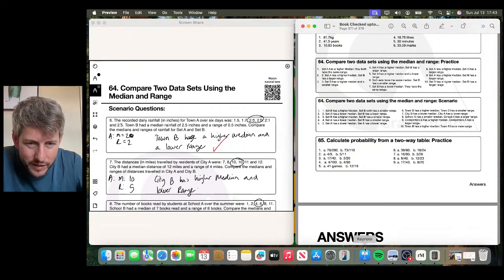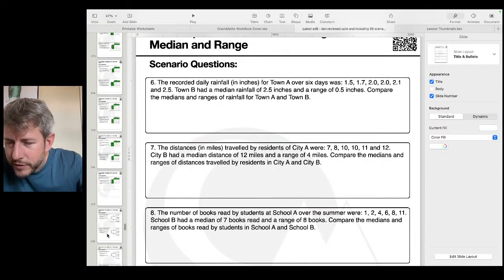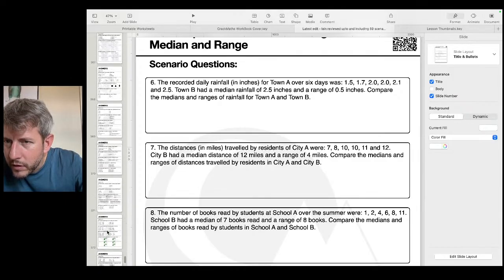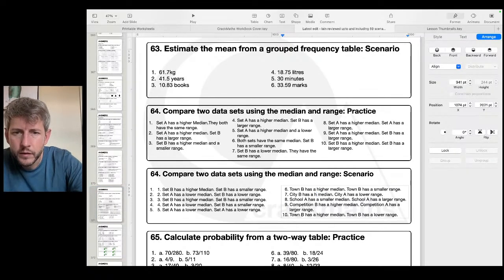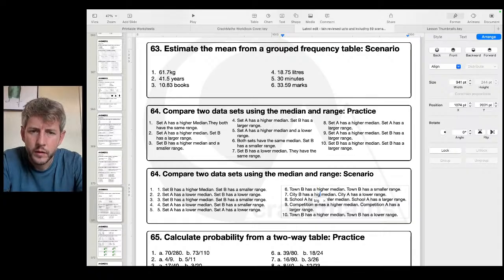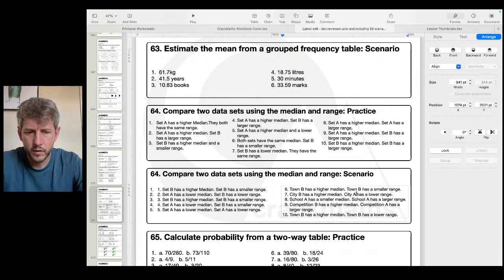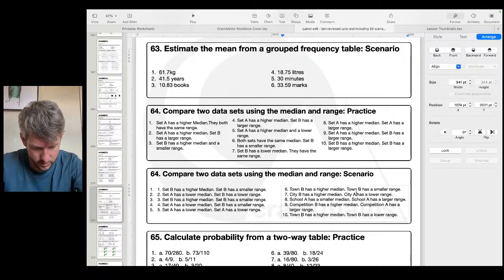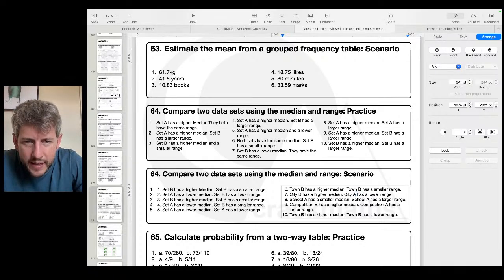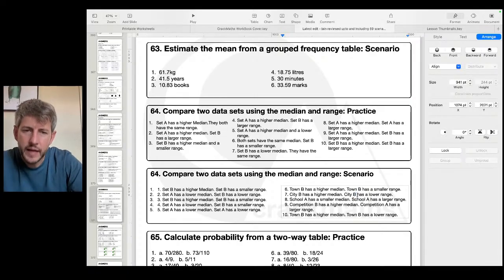It's all worthwhile when things like this happen. I've got this wrong here as well. So city B has a higher median and a lower range. City B has a lower range.